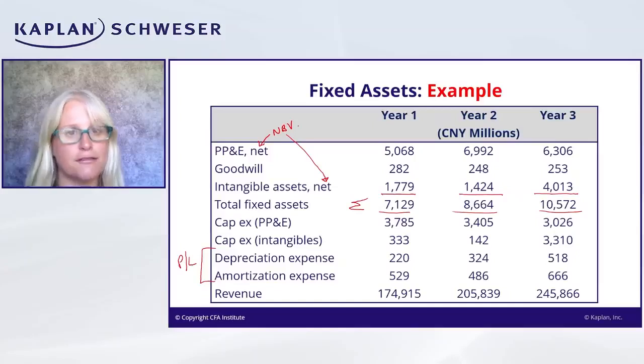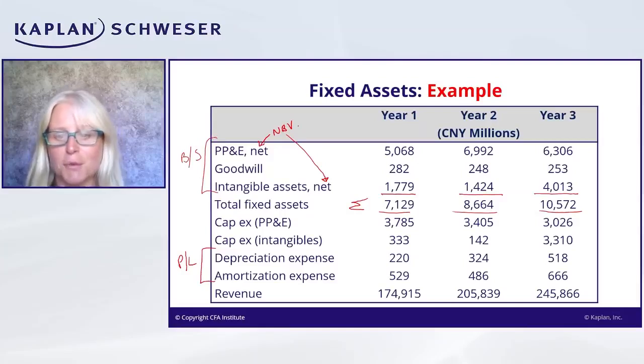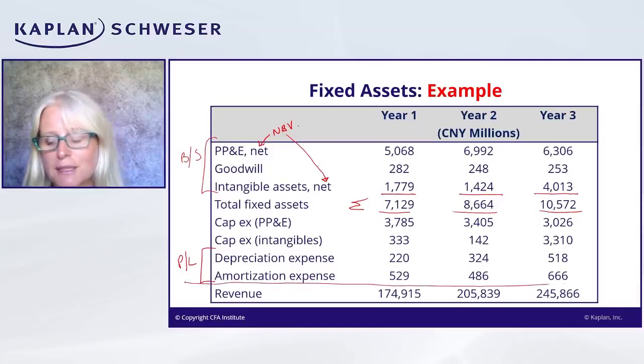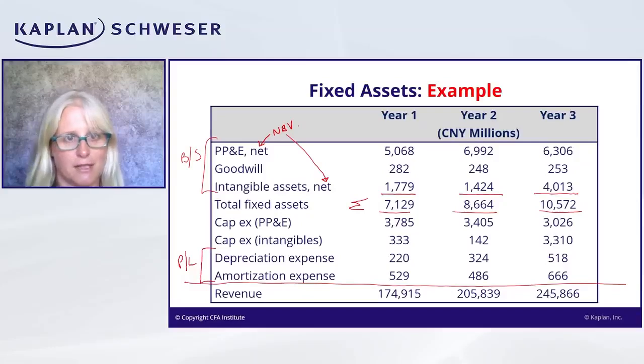That amortization and depreciation will have been applied to get to the figures that are already there in the balance sheet. So that's the information that we're provided. And then, separately, we've got some revenue. They're not presented in any particular order, it's just giving you separate bits of information.